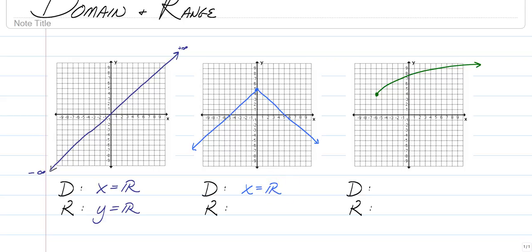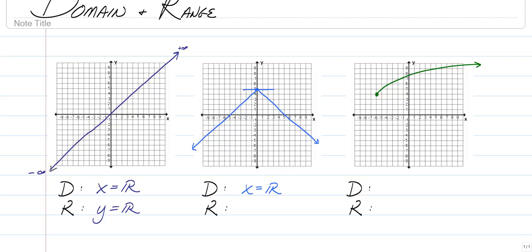But your range, does it go up forever? No, it doesn't. Your range never gets higher than 5. Notice it never goes above level 5, or where y is 5 on the y-axis. So we don't say x is never above 5, or y is never above 5. We don't say that.